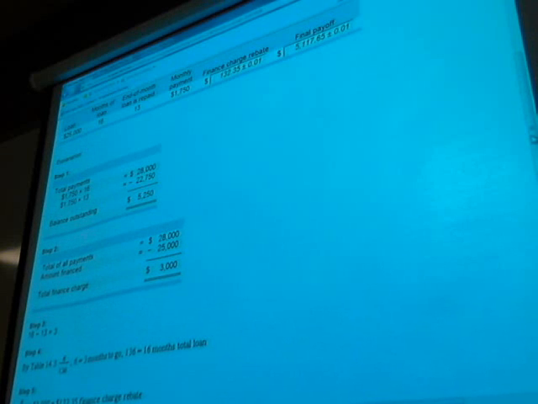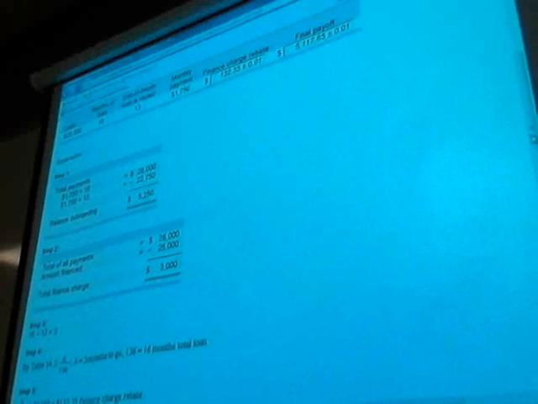I try to make sure I look at the whole classroom because I'm standing over here. It's kind of hard for me to talk and explain things from this end, especially when you have to move the slides over.